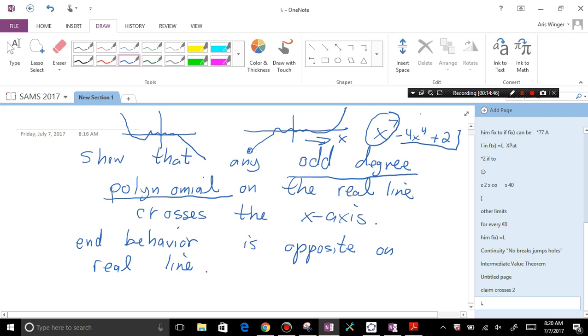I mean, if 4x to the 4th wants to join this fight and say, yo, I'm negative 4x to the 4th, you may be getting big, but I'm getting really negative, right? The fact that the degree is odd. What does degree of a polynomial mean? It's the highest power, right? And so because the degree in this case is odd and 7 is the highest power, it gets way more positive than 4x to the fourth could ever get negative, right? That's the point.